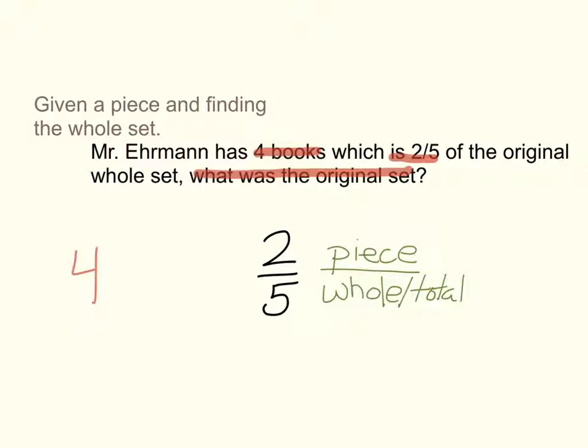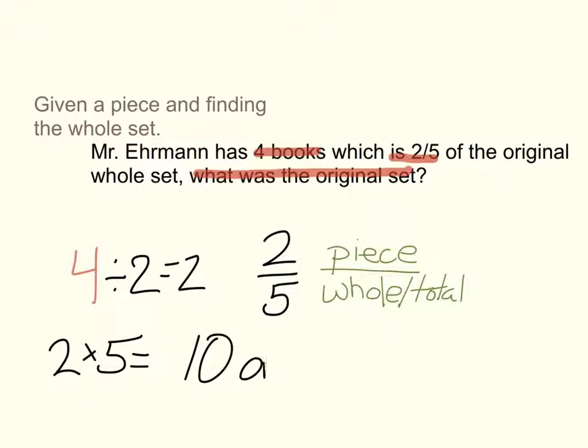So I'm still going to divide, but I'm going to divide by the numerator because the 4 is the piece and it represents the numerator. I get 2 for my answer, and then we multiply second, and we multiply by the denominator. This 2 that we found here is 1/5 of the set, and I need to multiply by 5 to get all 5/5 of the set, which tells me that 10 is the original whole set.